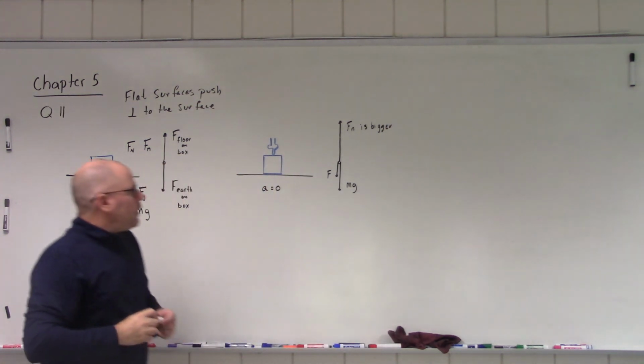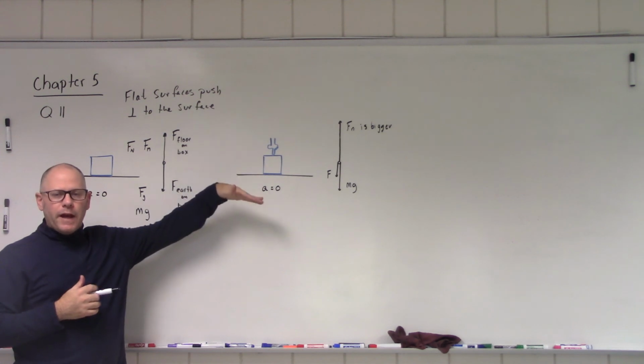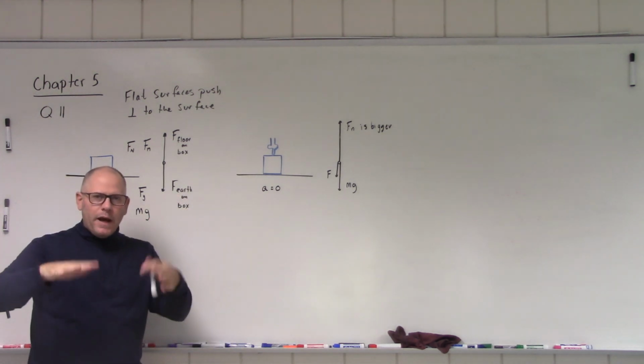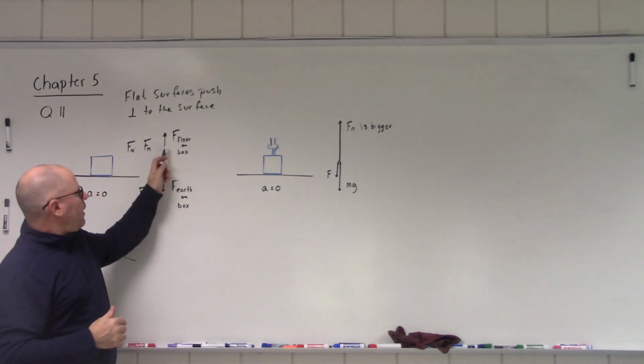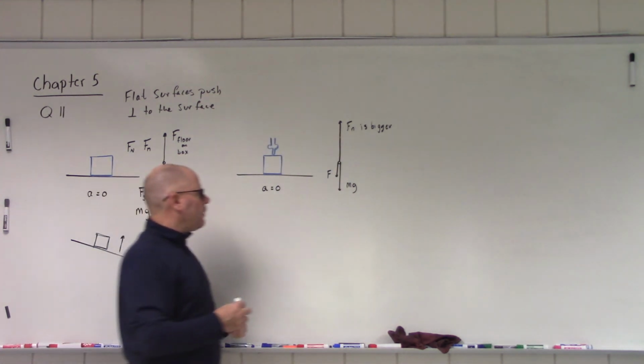What happened was, the floor actually has to push up more to compensate for the extra down force. Think about it like being on a spring mattress. If you push down harder on it, it pushes up harder on you to balance the forces. So compared to before, F normal is bigger.